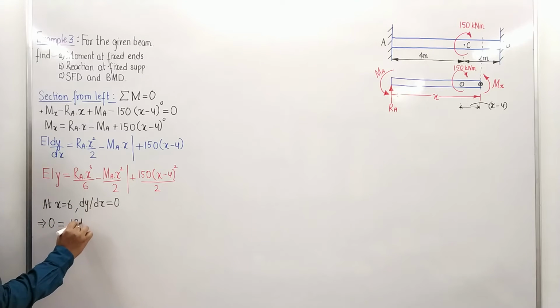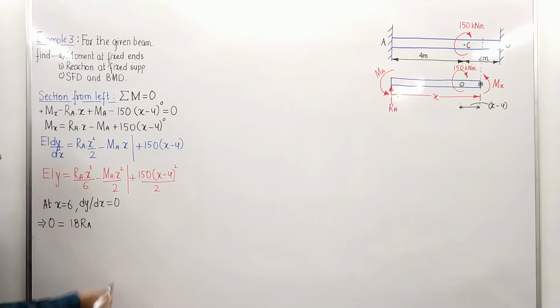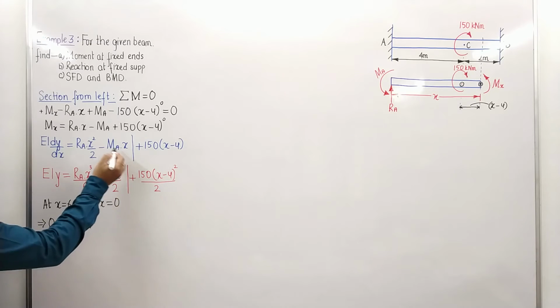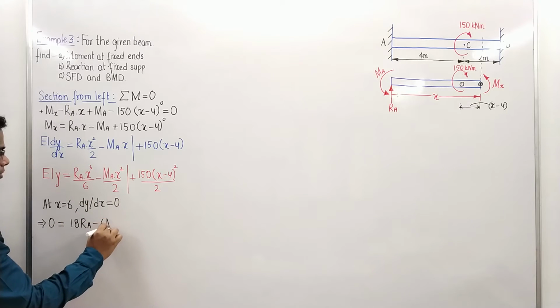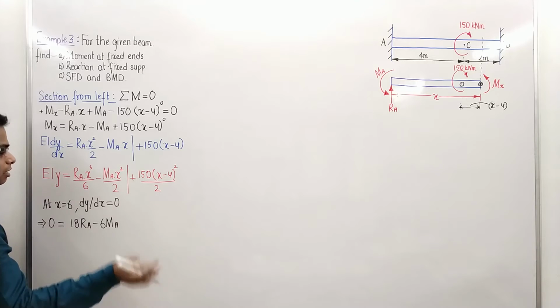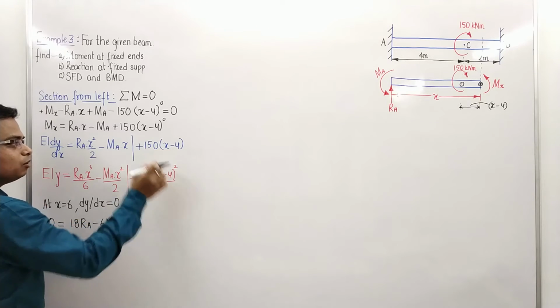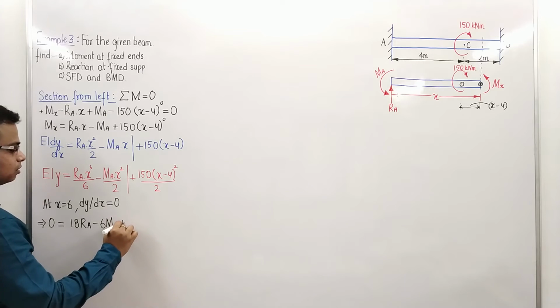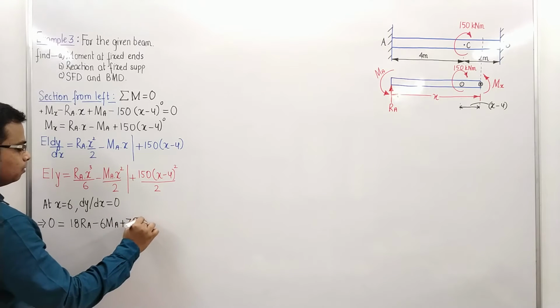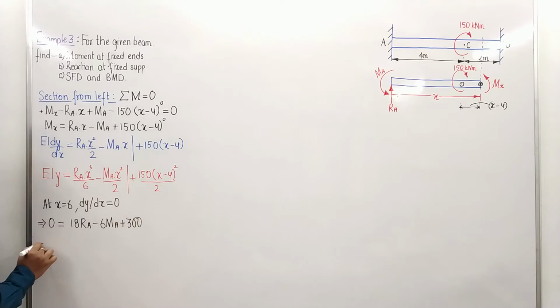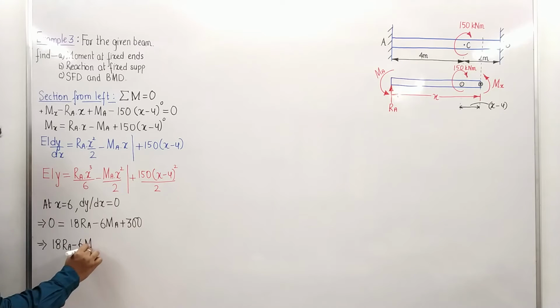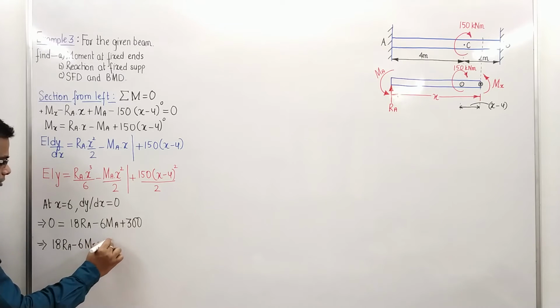So this is going to be 18 times RA minus 6 times MA. And when you plug in the value 6, 6 minus 4 is 2 times 150 is 300, so plus 300. You can reframe this in a better fashion: 18 times RA minus 6 times MA is equal to negative 300.